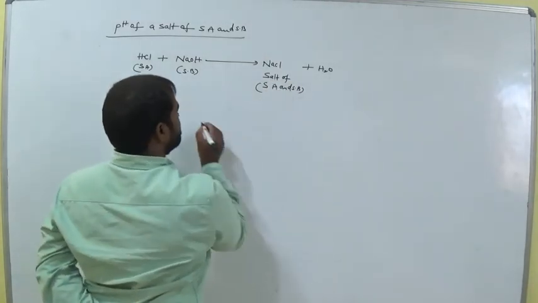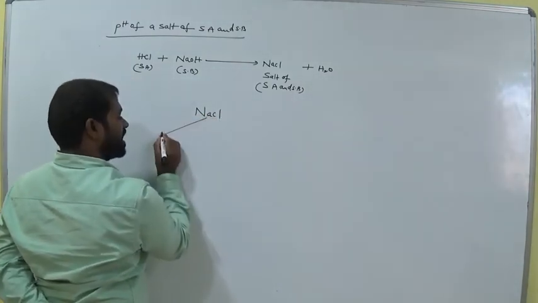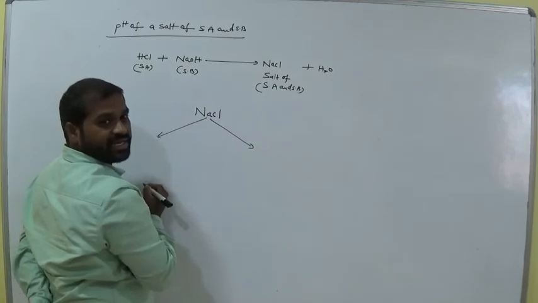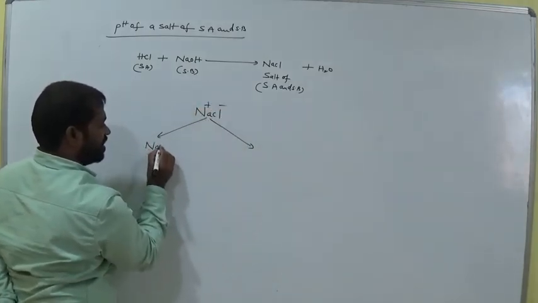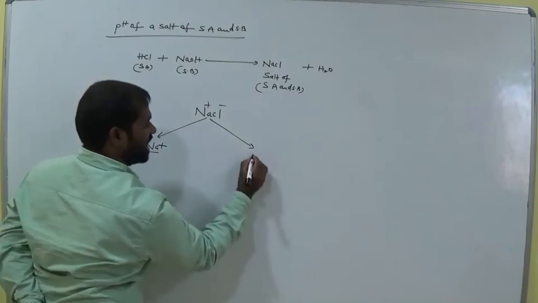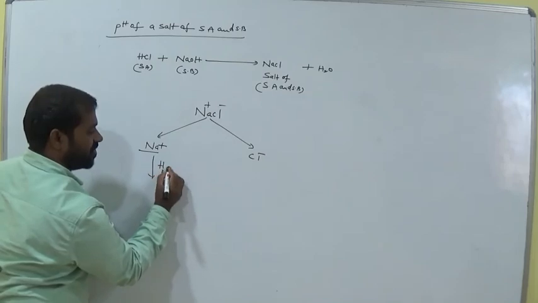Now how many cations or anions are possible here? What is the cation? Na plus, and Cl minus is the anion. Now this undergoes hydrolysis, that means addition of water.